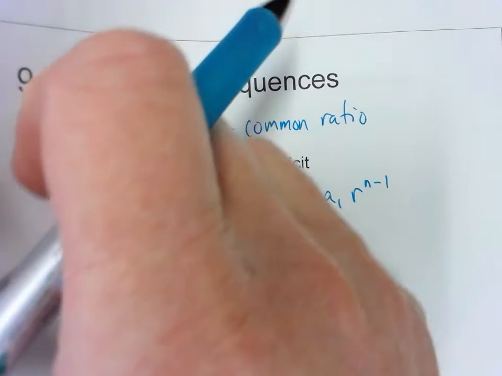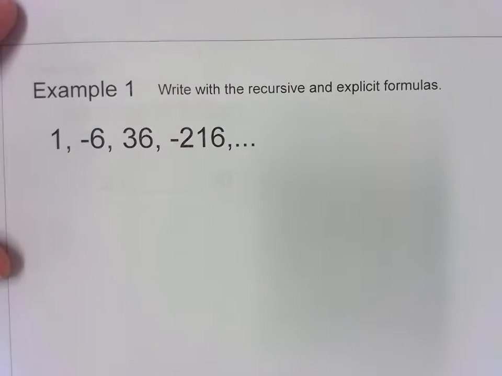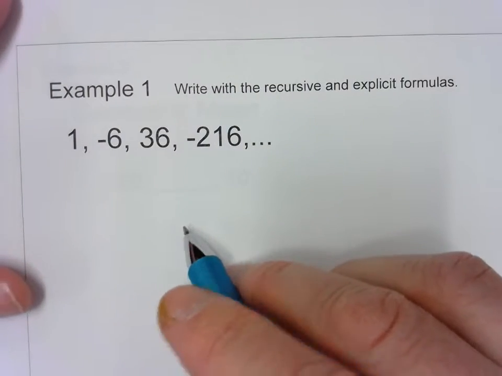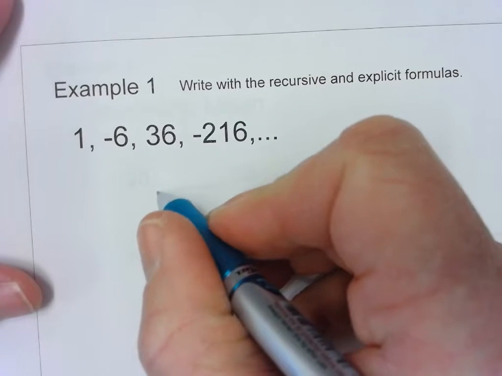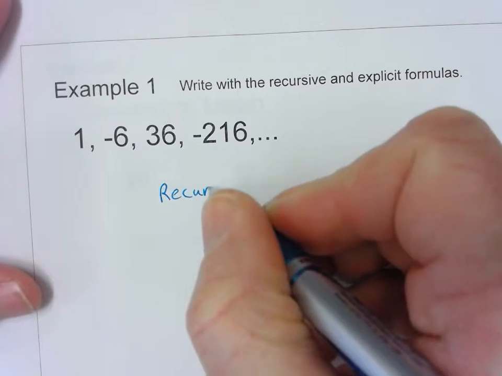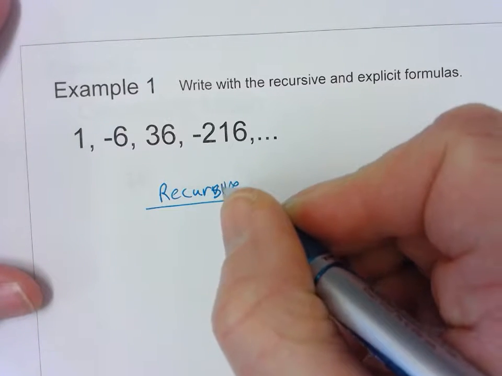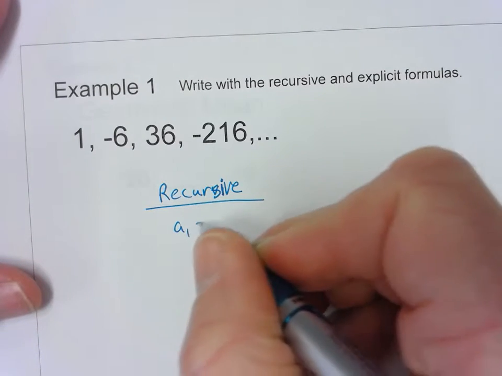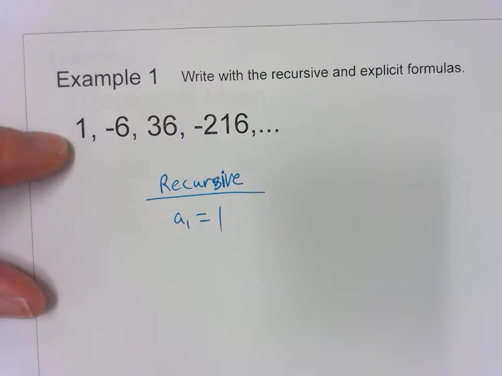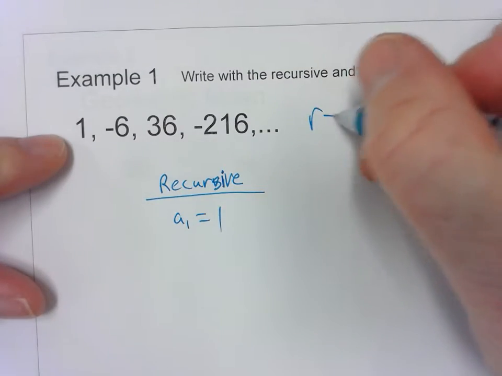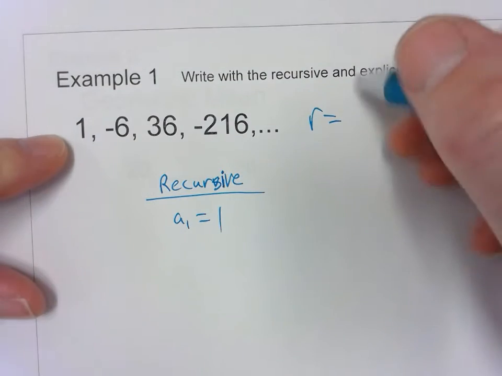Okay, so here are the examples. Example 1, we're going to write the two formulas out. So the recursive formula is a_1 is equal to 1. So you say what the first term is. Now the common ratio here is multiplying by negative 6.